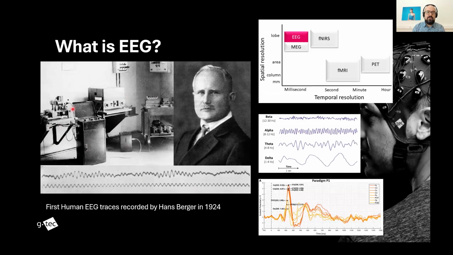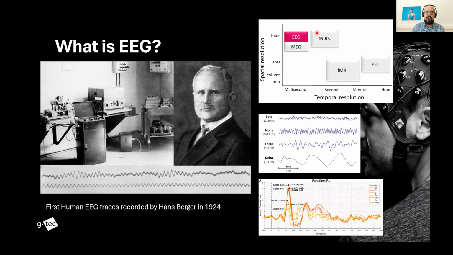So EEGs are actually electrical potentials that we can see on our brains. Typically, you will put EEG electrodes on the surface, so they are surface electrodes, they're not invasive. You put them on the head and you try to see what kind of electrical changes are occurring across time.